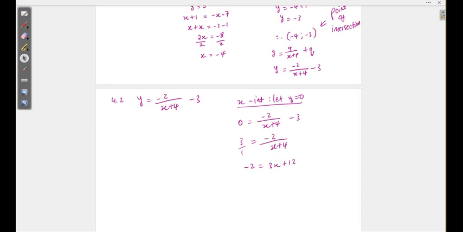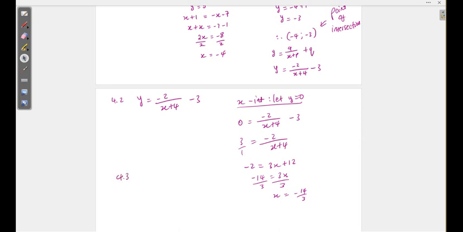Then you say negative 14 is equal to 3x. Then you divide by 3, so your x will be negative 14 over 3, which is around negative 4.7. They just wanted that.